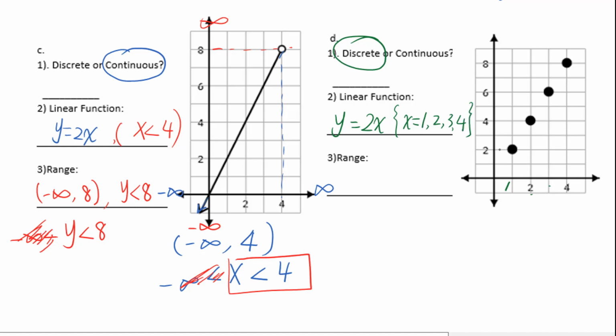For the range, we can list the values of discrete data. You have y equals 2, 4, 6, 8.